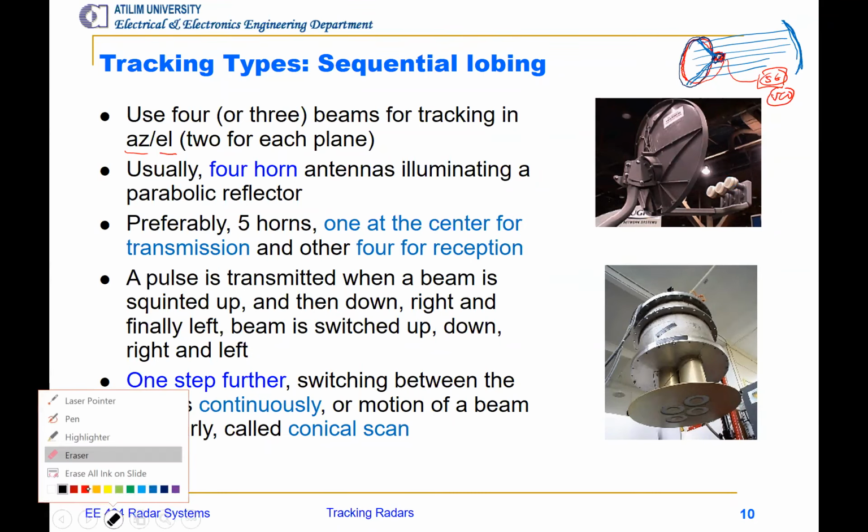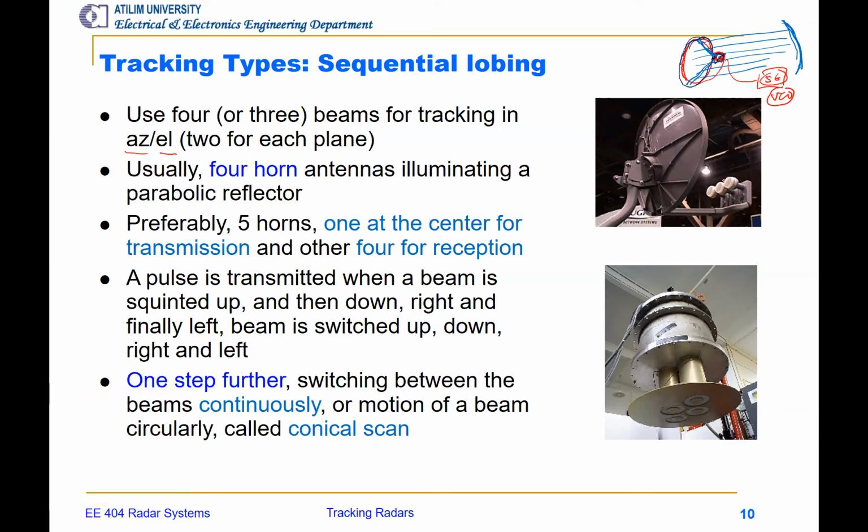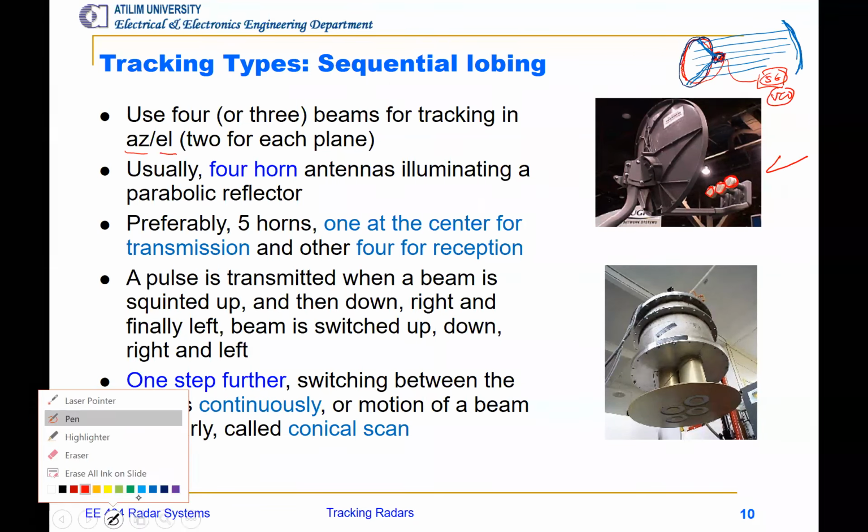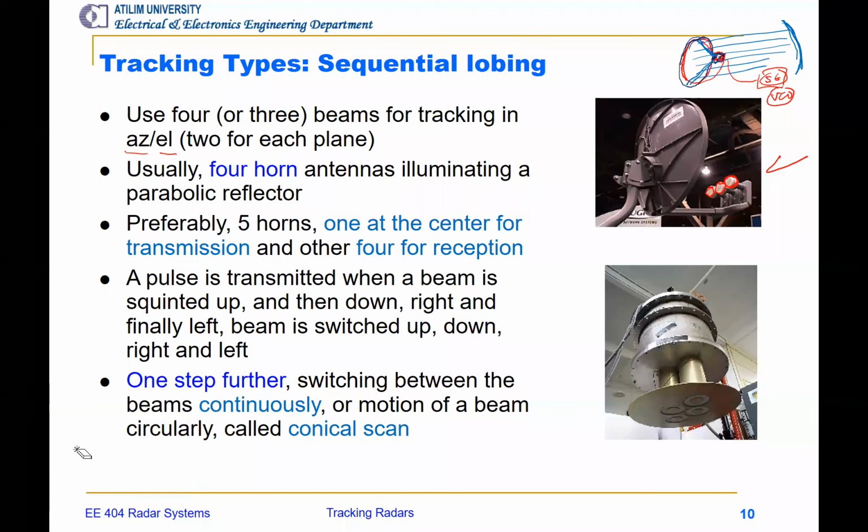In this figure we are talking about, there is a feeder, another feeder, and another feeder. They are aligned so that, due to the difference between them, 3 beams are created by the reflector. Okay, so we can simply show it here.